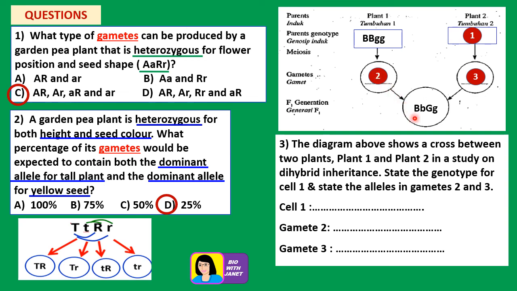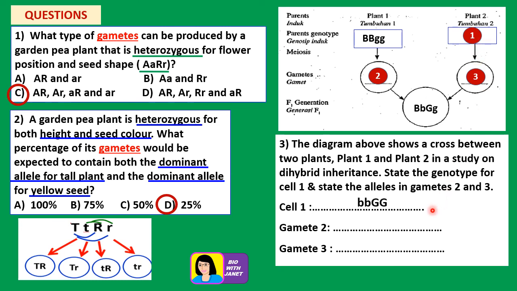Remove big B and remove small g. That will leave you small b, big G here. And then for plant 2, it should have 2 copies of each type of allele. So small b with big G, big G. That will be the answer.